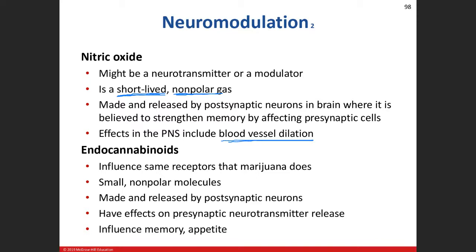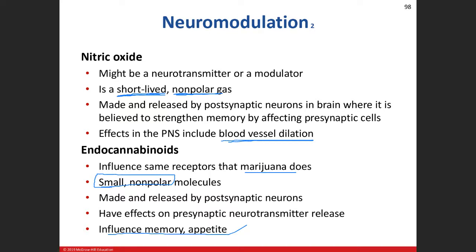And then this last one here, the endocannabinoids, we're seeing this a little bit more, especially as we get into the CBD oil derived from marijuana. Again, small nonpolar molecules. Well, we know we like that, especially if we're trying to diffuse across the plasma membrane here. This one has been great because we already know the effects of cannabis.